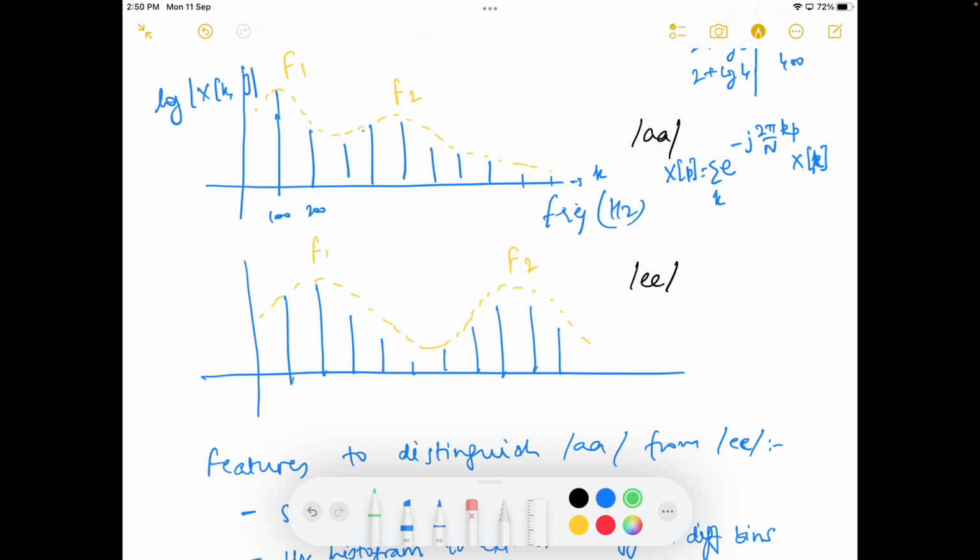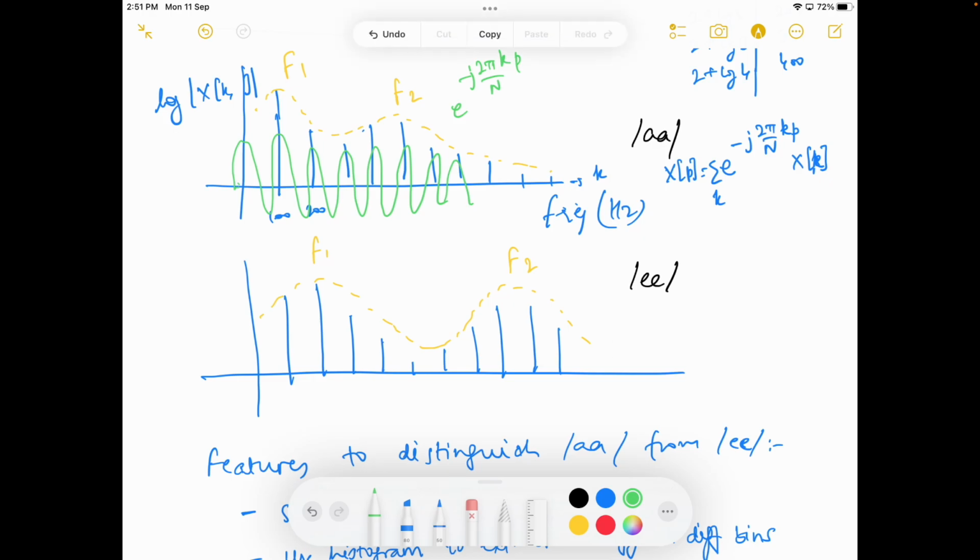So what is this signal? This is my e to the power minus j 2 pi. I will get a peak for this particular p. For this value of p, I will get a peak.